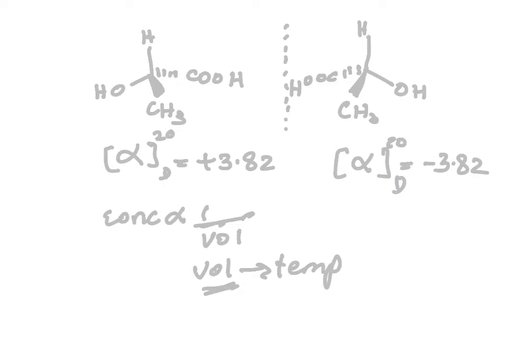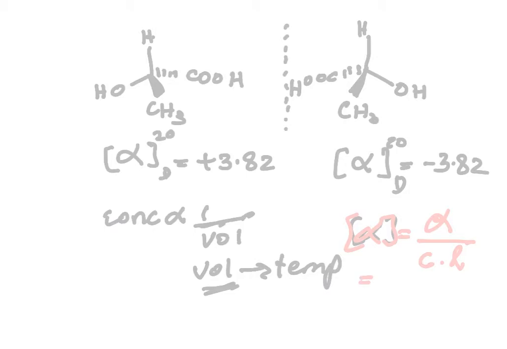So one could say that in this particular case, your units of specific rotation are going to be, since you're measuring that as degree. So that's alpha divided by concentration times your path length.